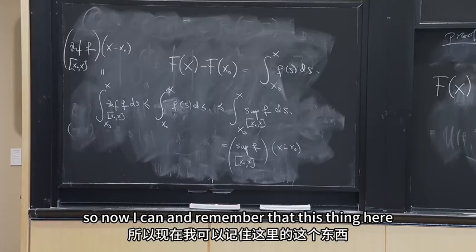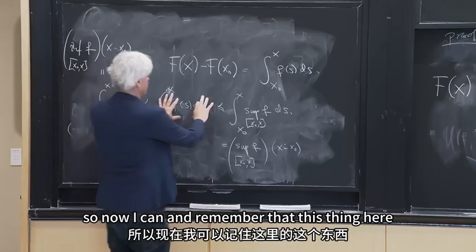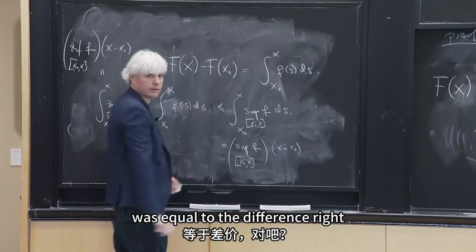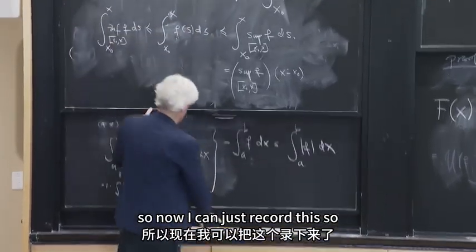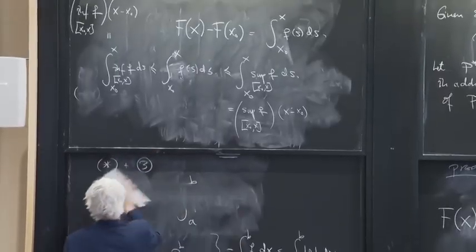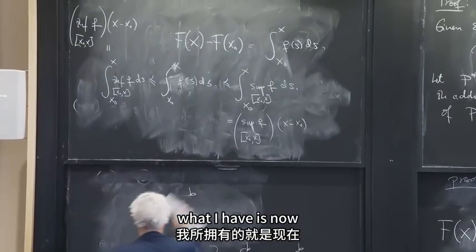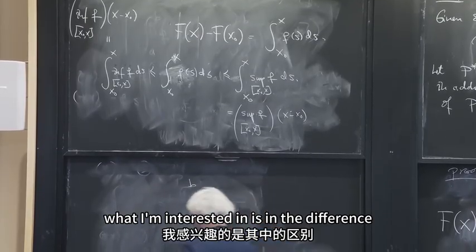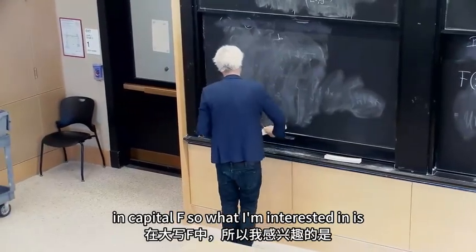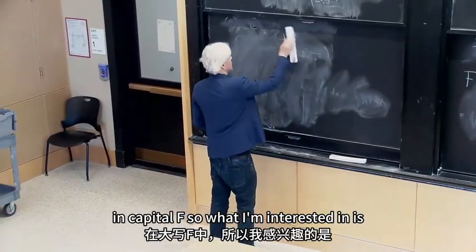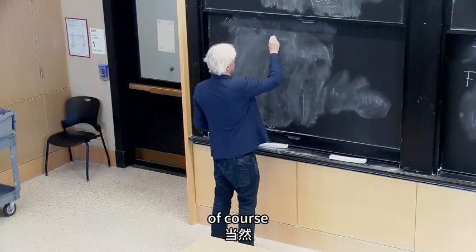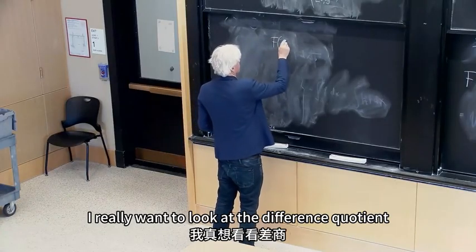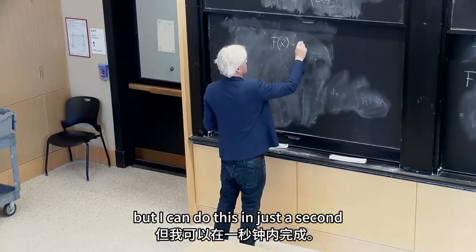Okay, so now remember that this thing here was equal to the difference, right? So now I can just record this. What I'm interested in is the difference in capital F. Of course, I really want to look at the difference quotient, but I can do this in just a second.